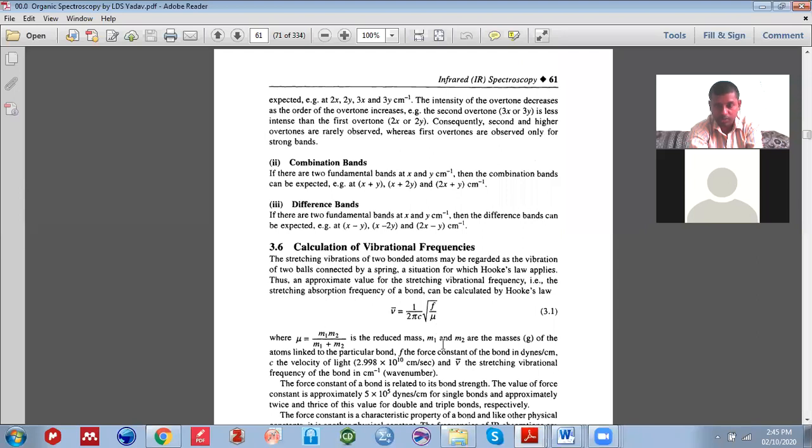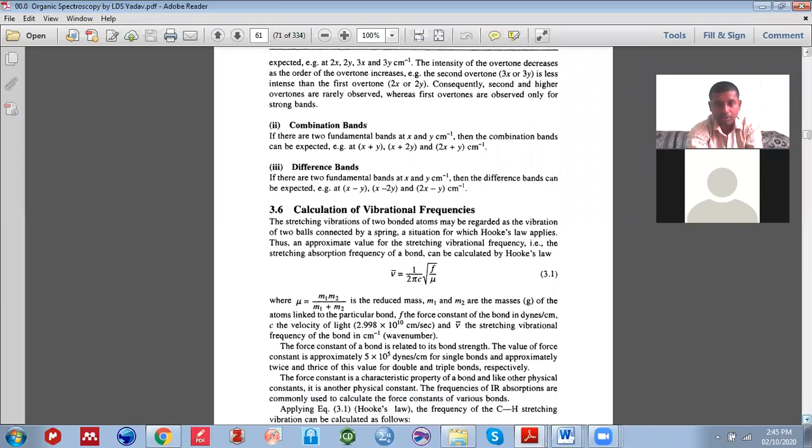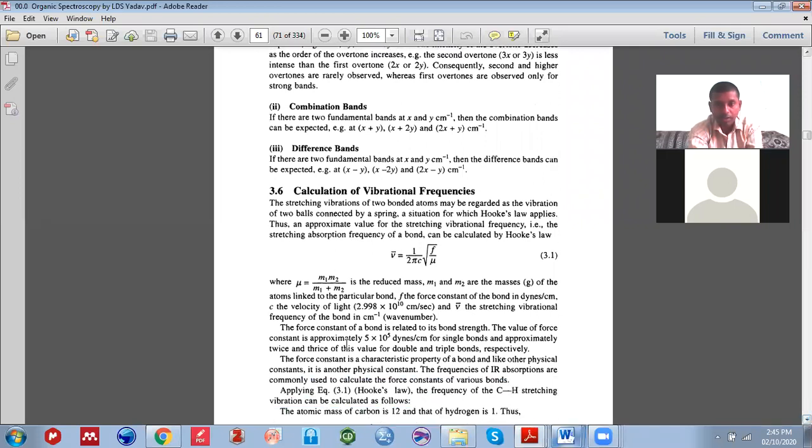Mu means reduced mass, mu equal to m1 m2 by m1 plus m2. And the force constant is basically in dyne per centimeter. Force constant is one kind of force between 2 atoms. Here c is the velocity of light, and nu bar is the stretching vibrational frequency.